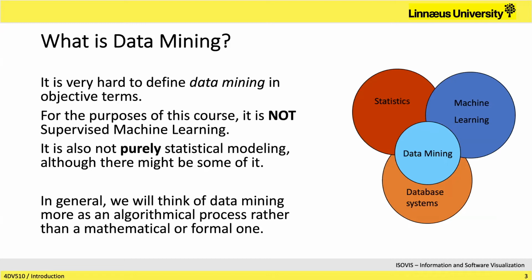So we're not going to deal with that specifically, which is mostly what is done during a machine learning course. For example, you learn how to train different types of classifiers, how to train different types of regressions, and then of course that's when the overlap happens. Then in a machine learning course, you have some kind of unsupervised machine learning, right? And that's when it gets mixed up with data mining.